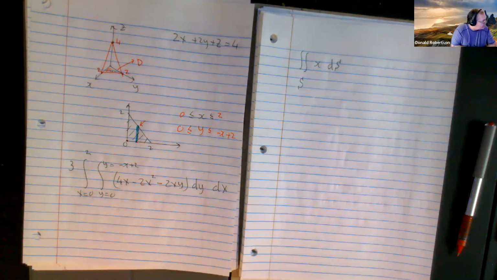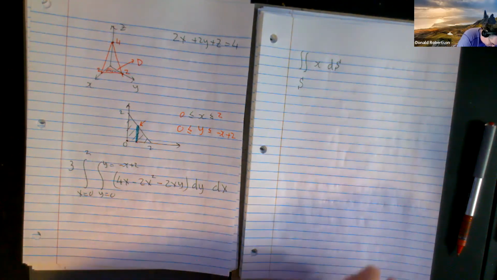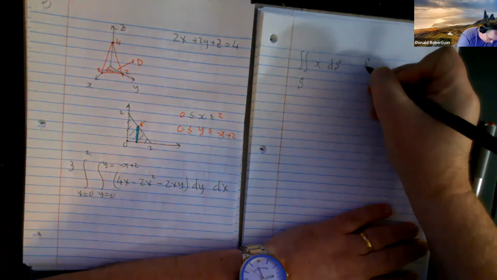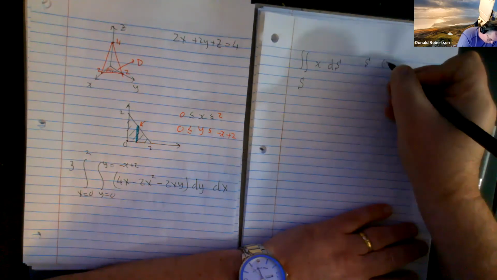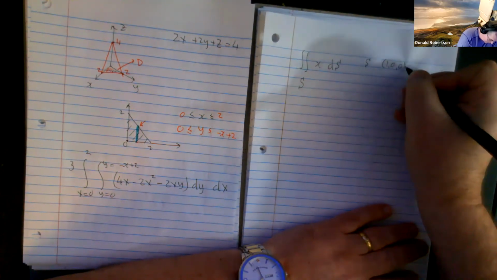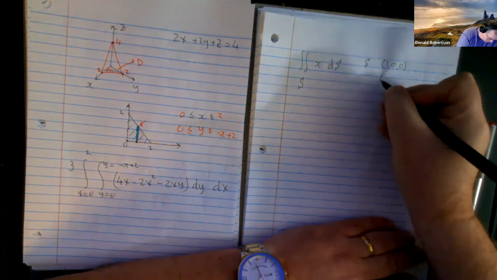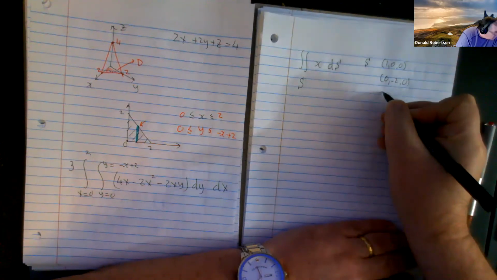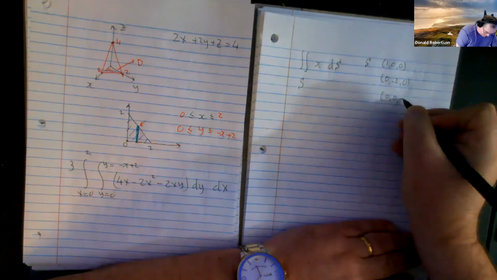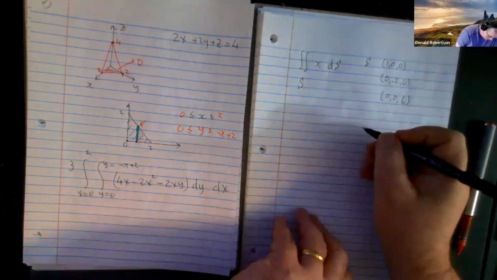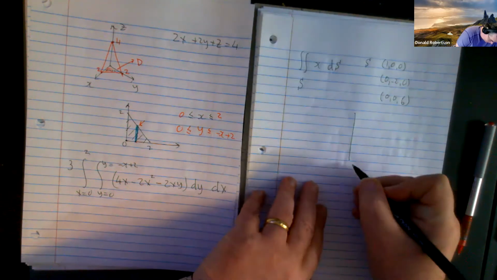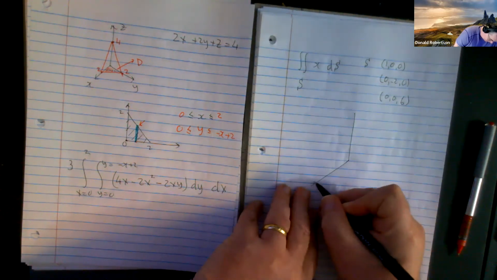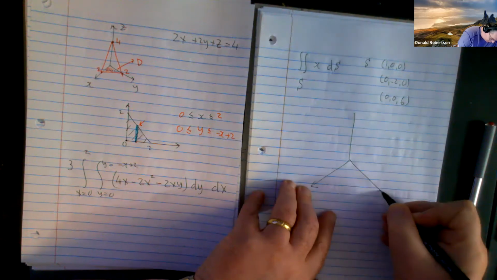Now, S is a triangular region. And it's a triangular region made up of that guy meeting up with that guy, meeting up with that guy. So I'm now going to try and imagine what they're talking about.